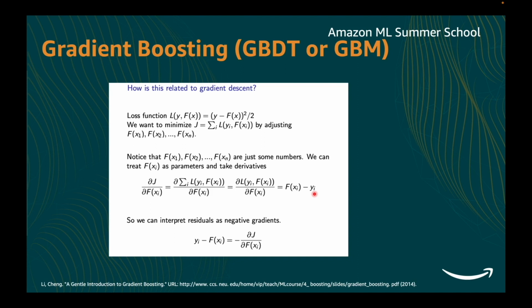As you add more and more models that way, you are essentially changing the residuals, and you are doing gradient descent to update the residuals as if they were weights. And the reason for this is because for squared loss, the derivative is actually just a residual. The gradient is just a residual.